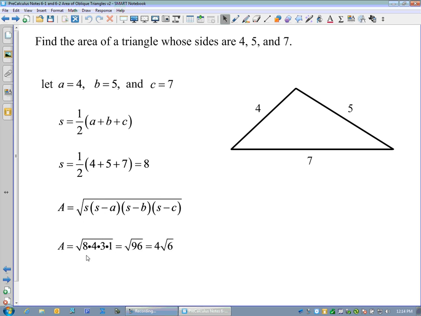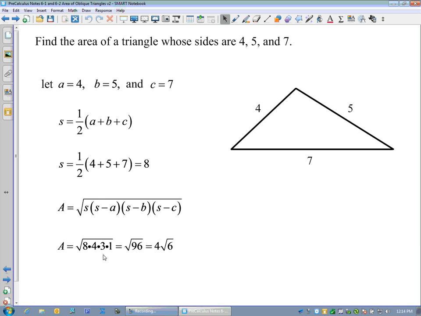That's how we get that first number. And then it's going to be 8 minus 4 gives you 4. 8 minus 5 gives you 3. And 8 minus 7 gives you 1. So this is actually pretty easy to remember if you remember the semi-perimeter times the three differences of the semi-perimeter.